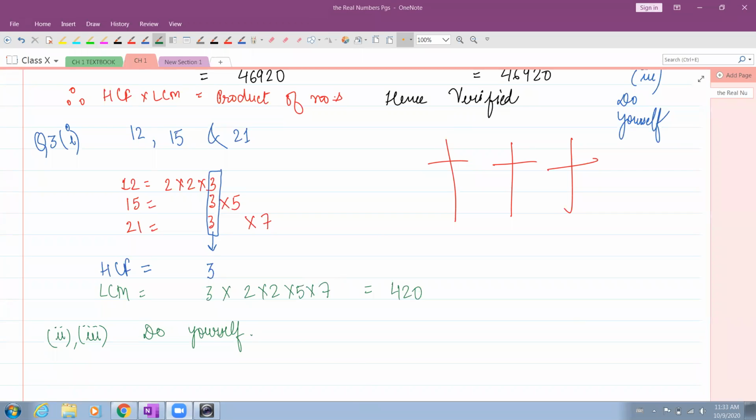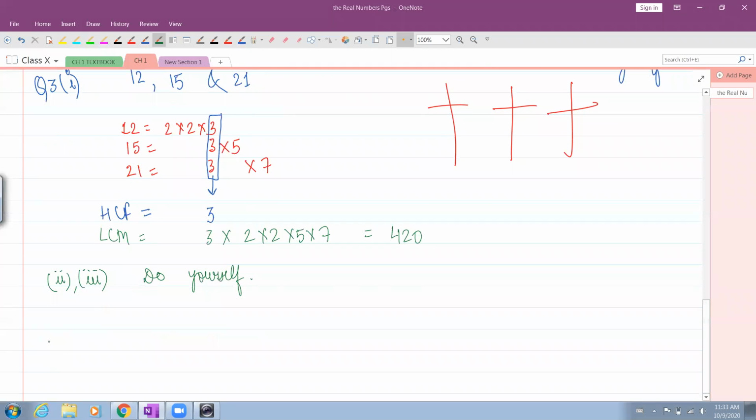Moving on, question number 4. You have been given that the HCF of 306 and 657 is 9.